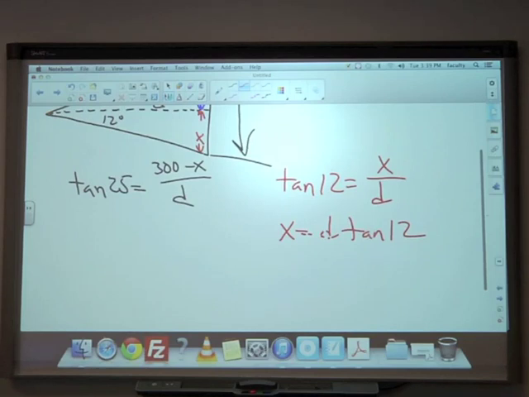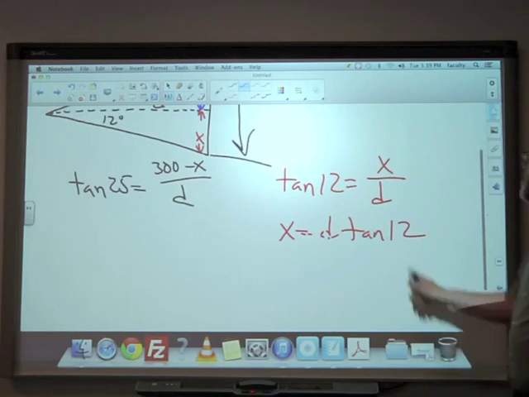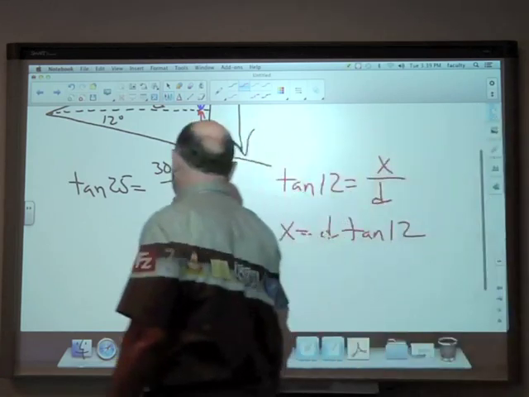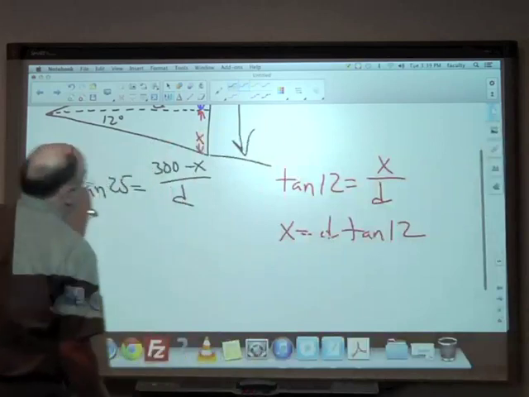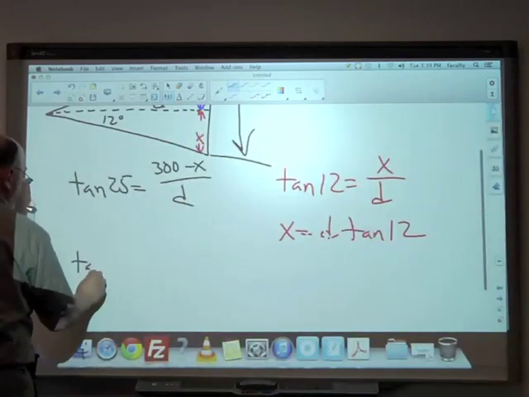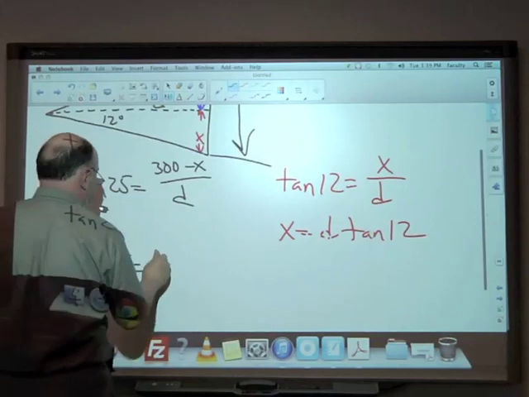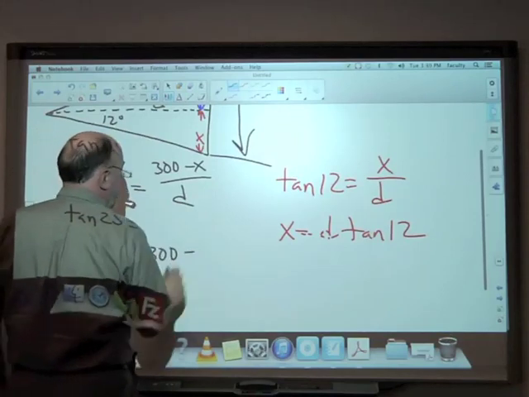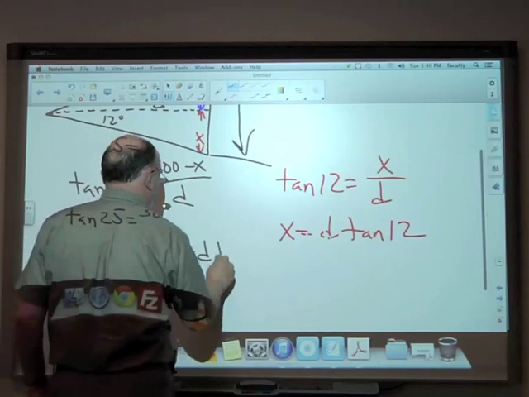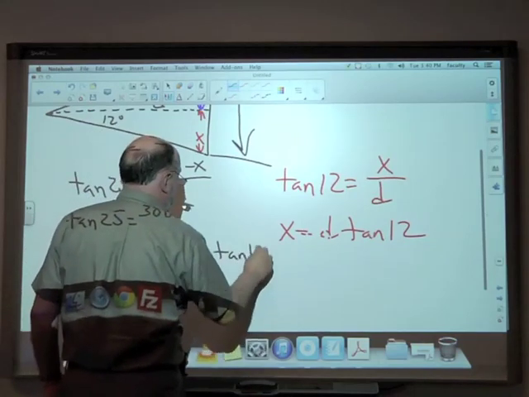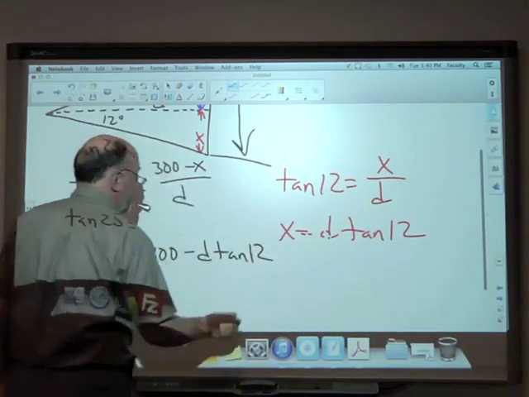Next step, substitute. I'm going to take this and now get that the tangent of 25 is going to equal 300 minus D tangent of 12.